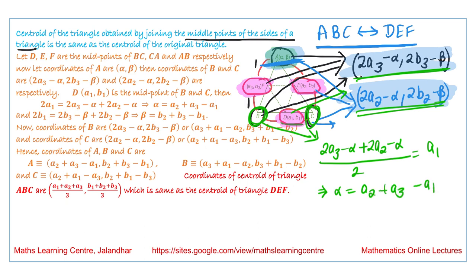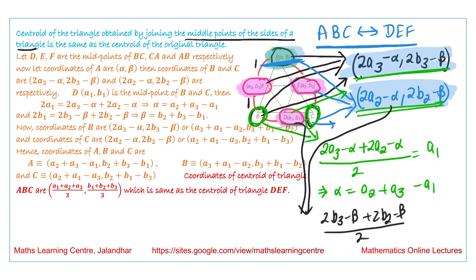Similarly, using the y coordinates corresponding to these points, we obtain 2b3 minus beta plus 2b2 minus beta divided by 2, that is equal to b1. So again, by solving, we will obtain the value of beta is equal to b2 plus b3 minus b1.